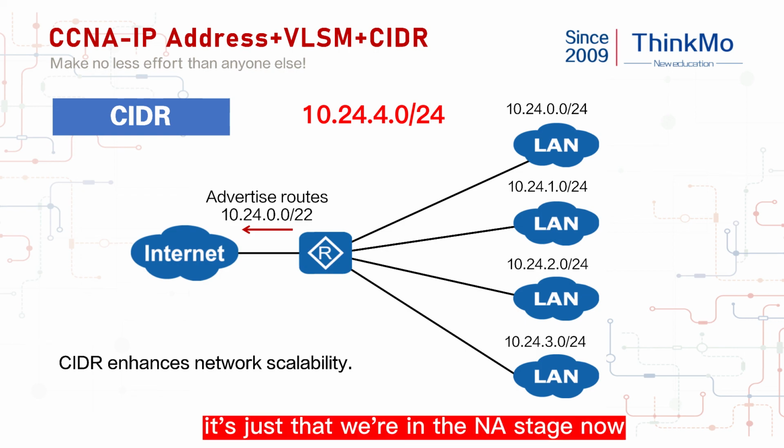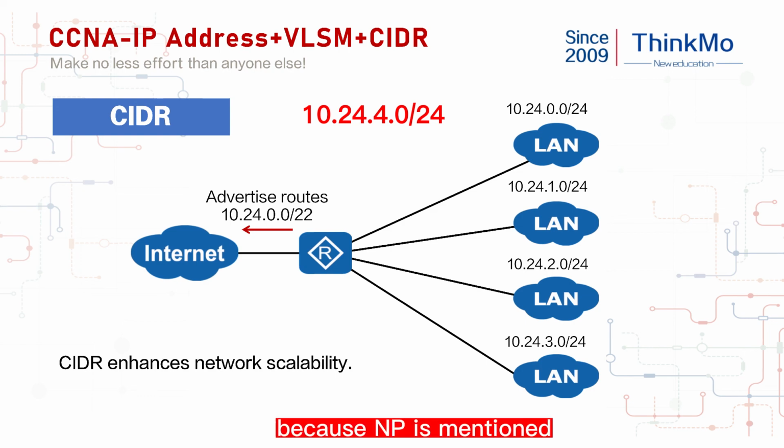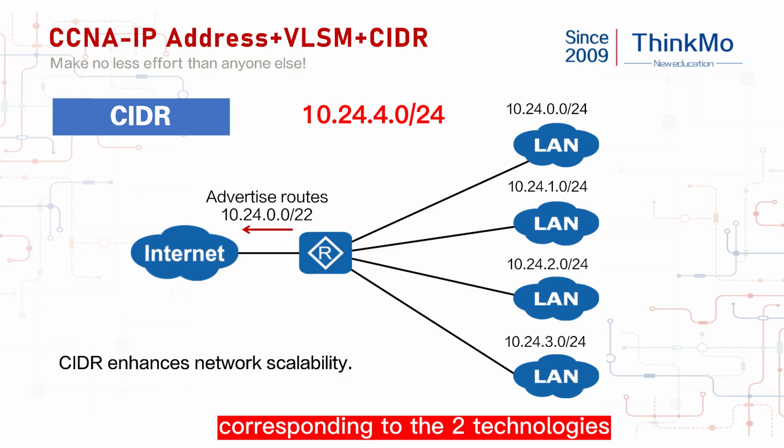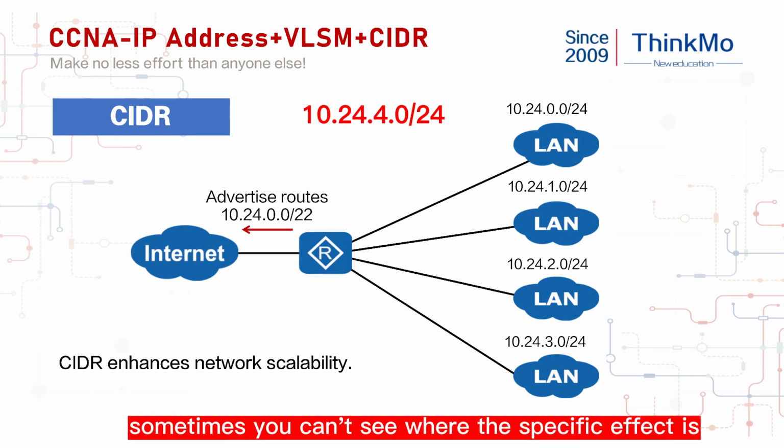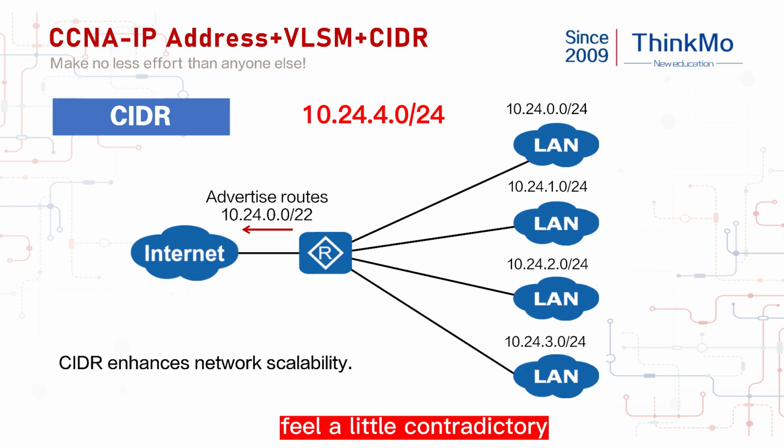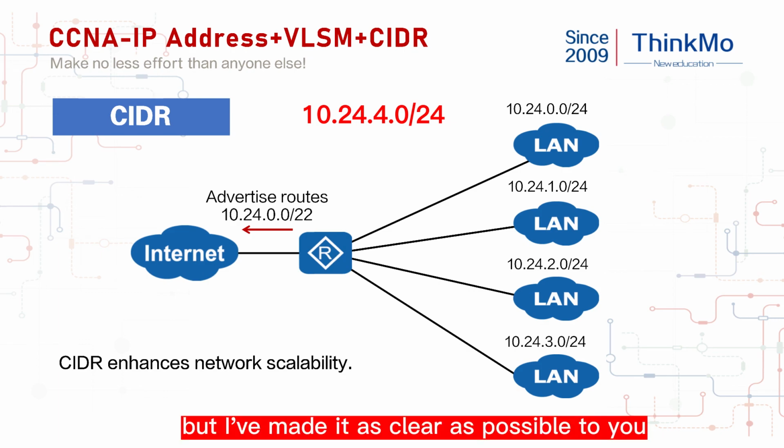It's just that we're in the NA stage now. Because NP is mentioned, I have to talk about the 2 technologies. But since everyone is now, I really don't have a deep understanding of the project itself, so when you understand the problem, sometimes you can't see where the specific effect is. It feels a little contradictory, but I've made it as clear as possible to you.